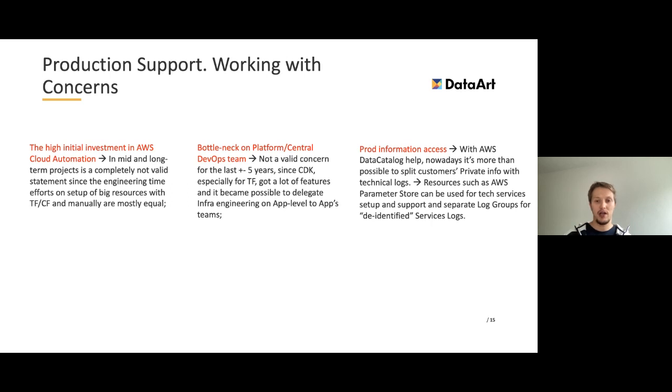Resources such as AWS Parameter Store can be used for service setup and support. And using log groups, you can separate your de-identified logs and PII, PHI logs from technical-only logs. Of course, you're not eliminating your risk of data exposure completely. It's generally impossible to have no risk at all.